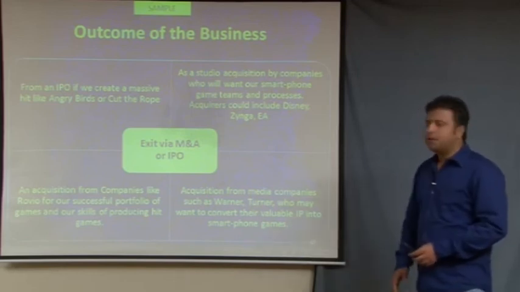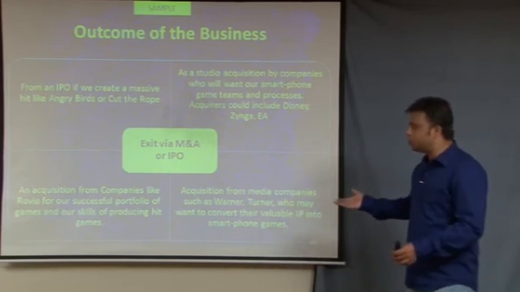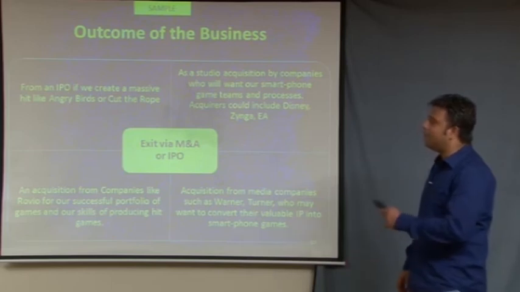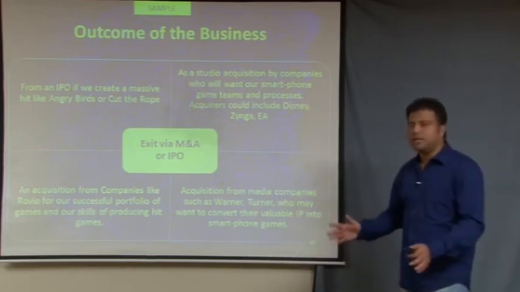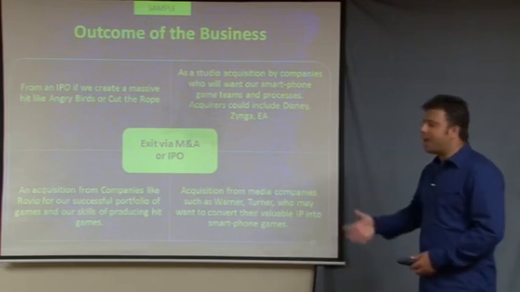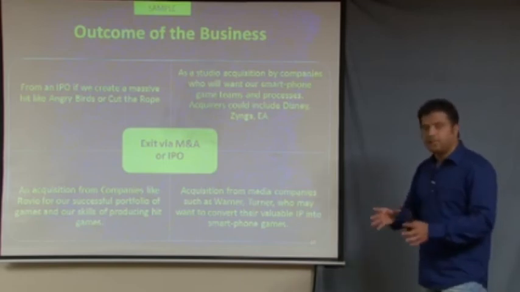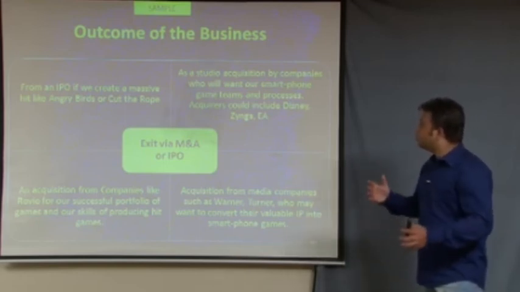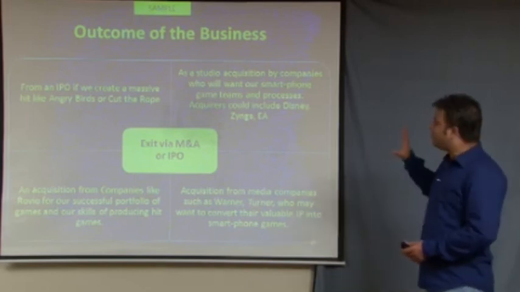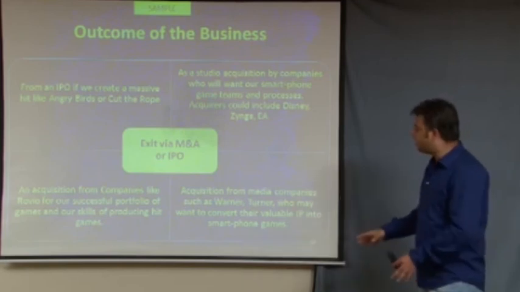So they plan the VCs to exit either via a merger, acquisition or an IPO. So it could be from an IPO if they manage to create a massive hit like an Angry Bird or Cut the Rope. As a studio acquisition by companies who will want the smartphone game teams and processes, acquirers could include Disney, Zynga or EA Sports. So they have identified companies that may want to acquire the entire company.